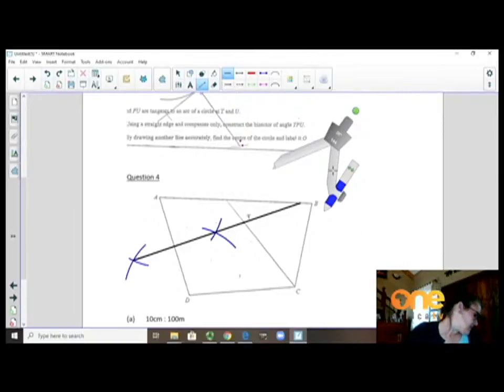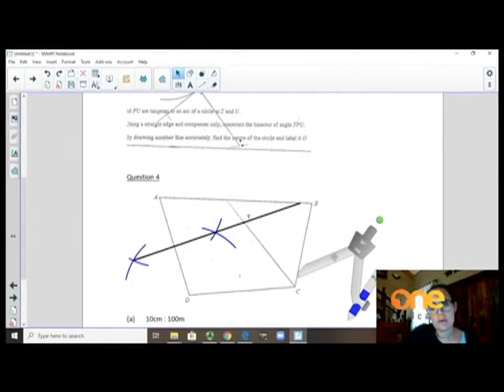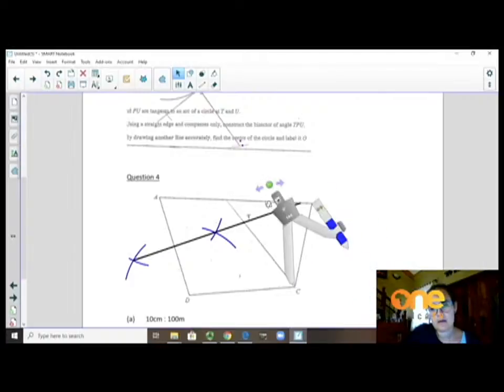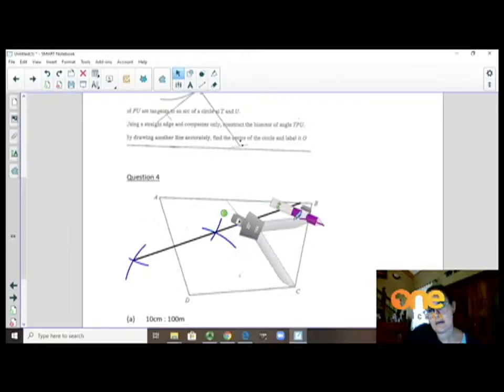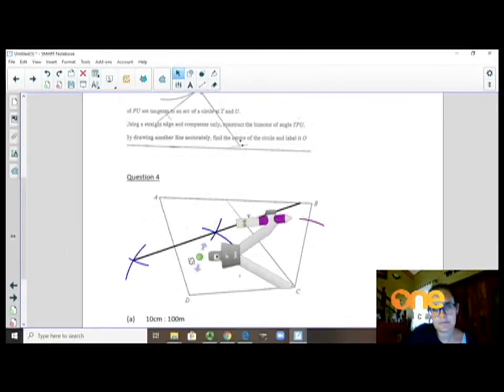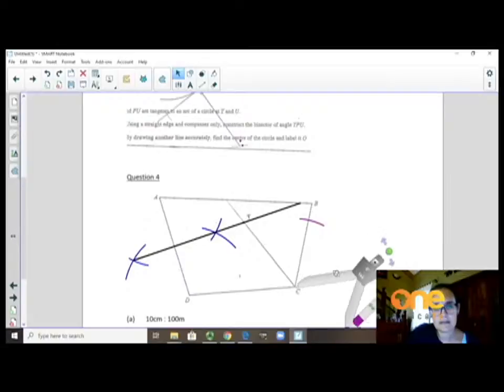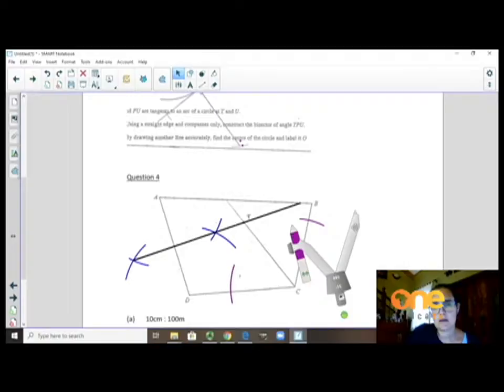So equidistant from the sides BC and CD. So BC and CD. So what we will do is, equidistant from BC, angle bisector of angle C, because between BC and CD, C was found in both.